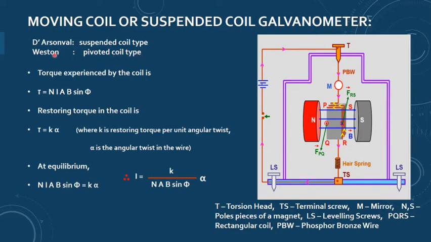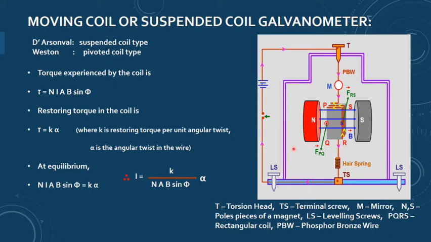So it can be used for a longer time. But the basic principle of the moving coil galvanometer is the same for either. This is the diagram which simply depicts the thing.